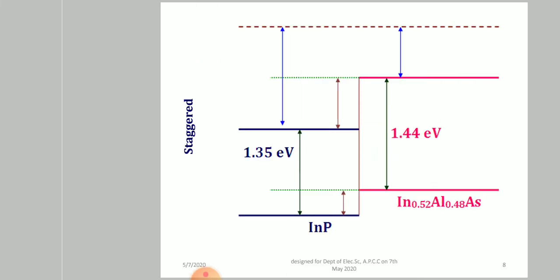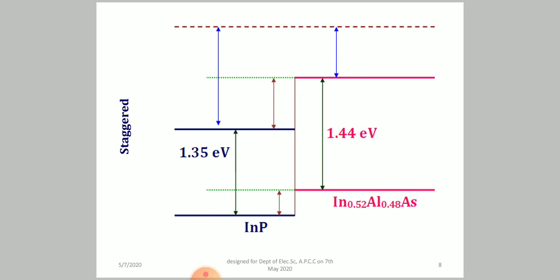Next comes the staggered type. Staggered, I am dealing with indium phosphide and indium aluminum arsenide. Look, their band gaps are very close, 1.35 and 1.44. Naturally, if you slightly shift the lower band gap semiconductor, you can't completely cover. It's very simple. Two things of almost close thickness.